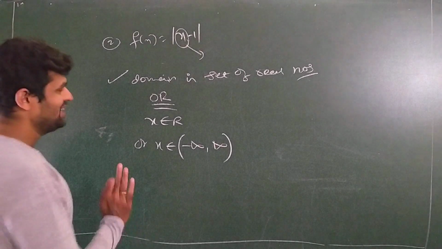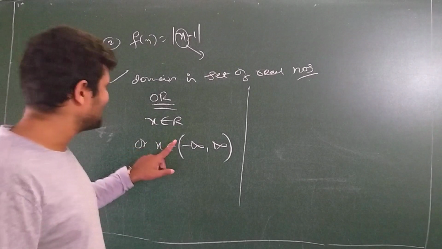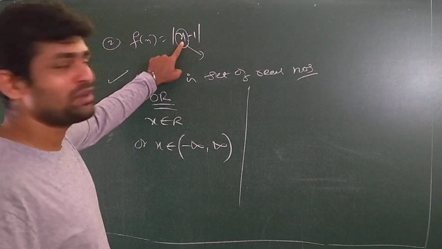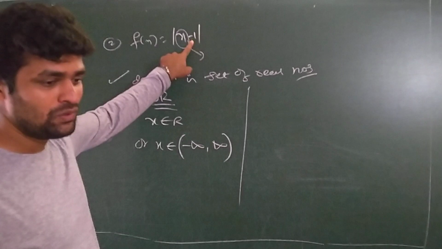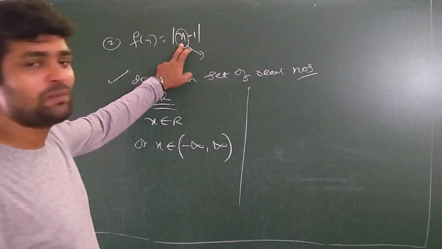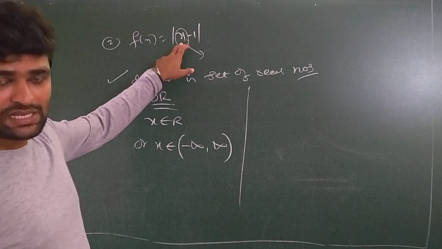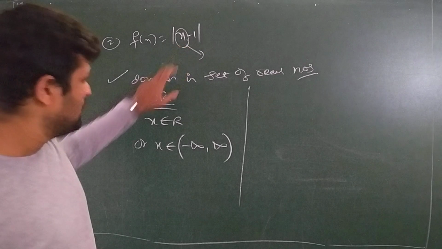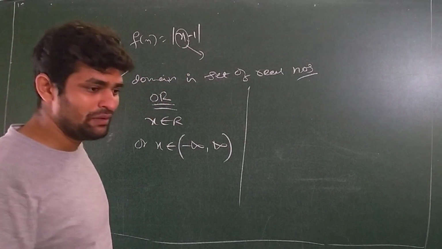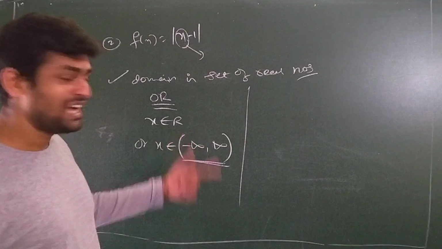Okay. Then come to range. In place of x I replace 0. I got a plus value. If I replace x is equal to 1, if I replace x is equal to 0, we get only a plus answer, correct?